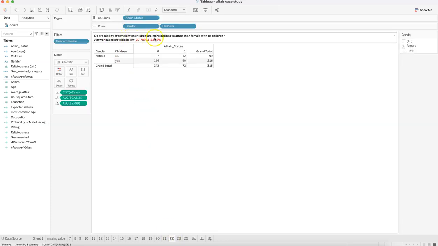Next, are females with children more inclined to an affair than females with no children? To answer this, we have already filtered female, with affair status and all.